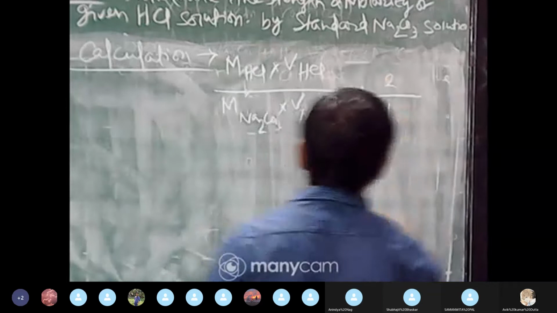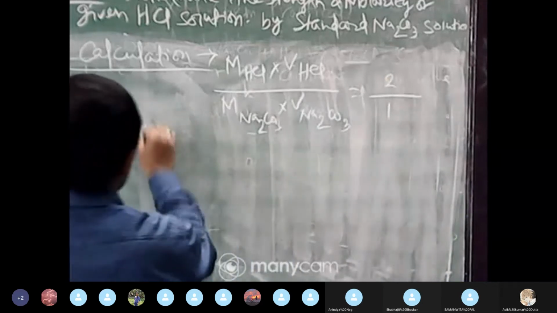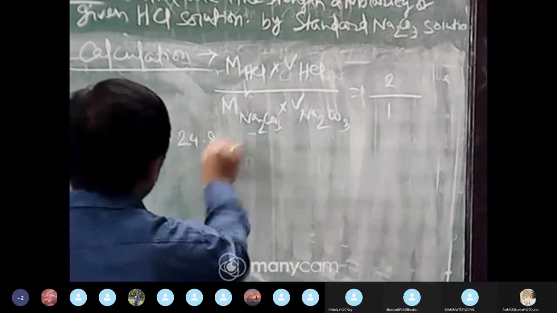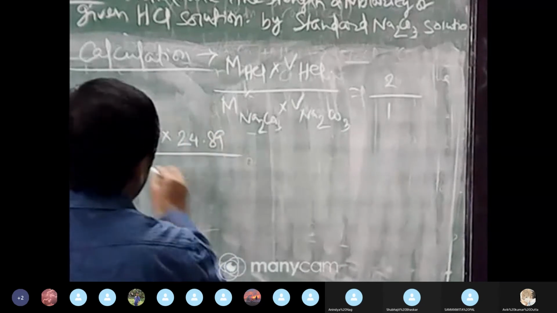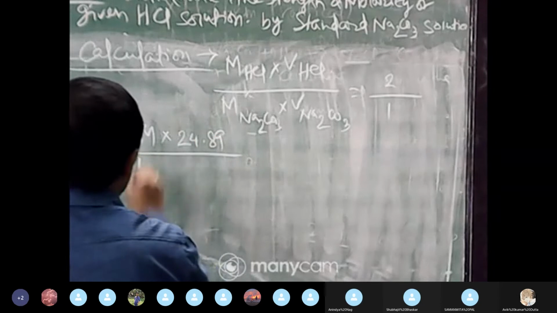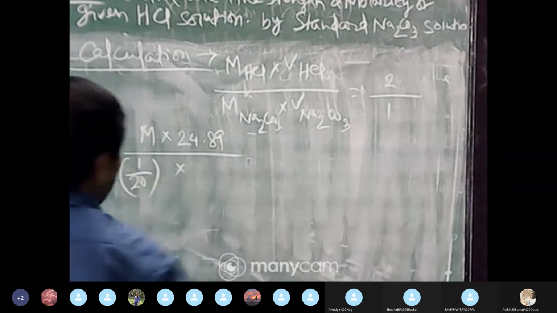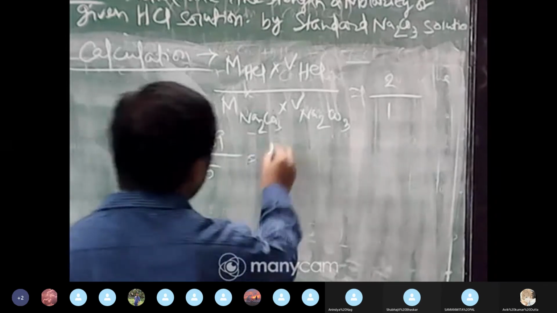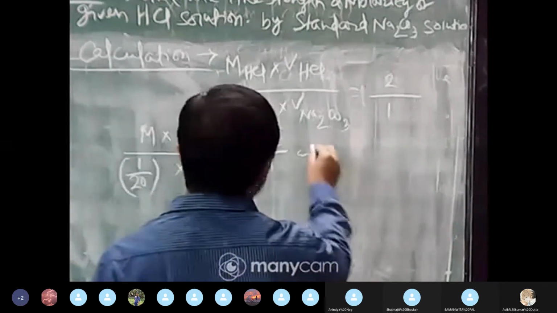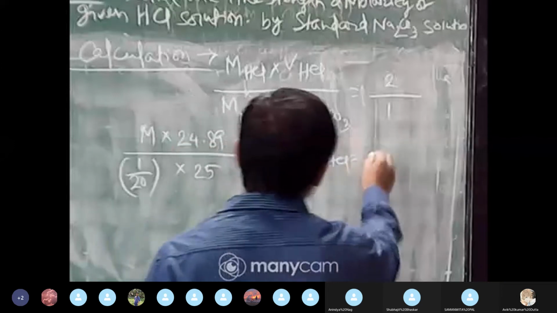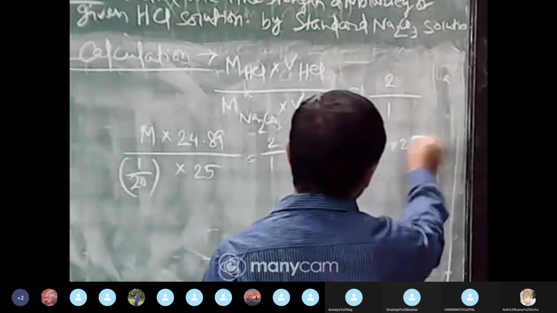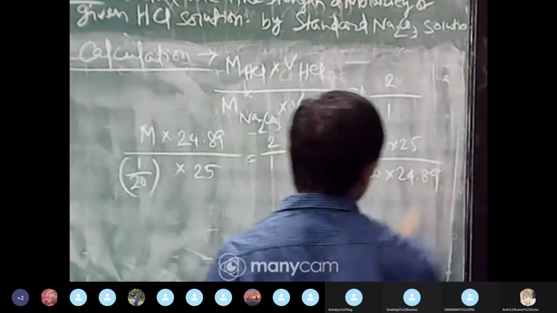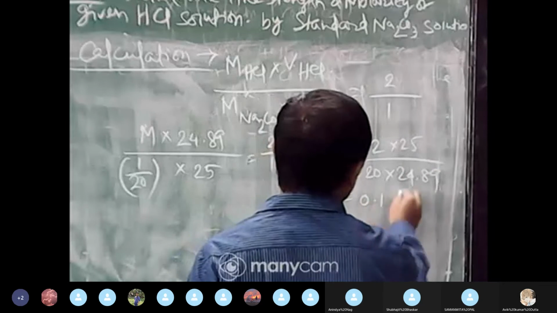This is 2 by 1. Now M of HCl is not known, just take it as M. Volume of HCl is 24.89. M of sodium carbonate is 1 by 20 as we have prepared, and volume of sodium carbonate is 25. This is equal to 2 by 1. From here M of HCl is equal to 2 into 25 divided by 20 into 24.89, which will be equal to 0.1 molar.